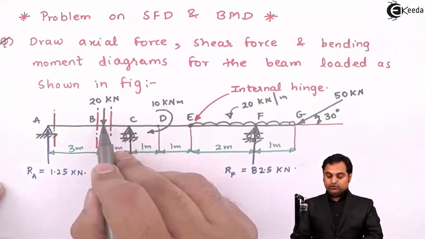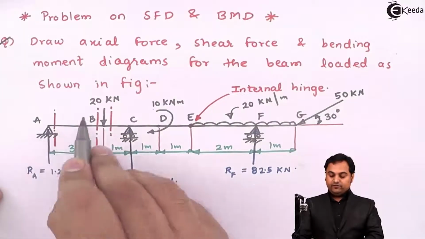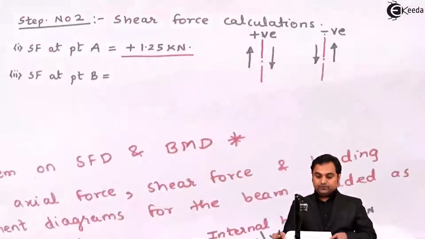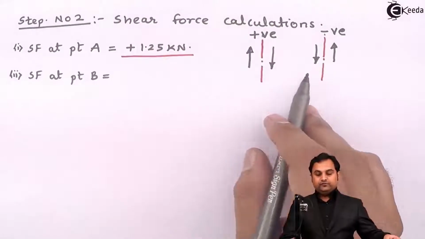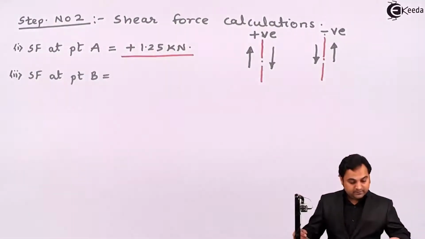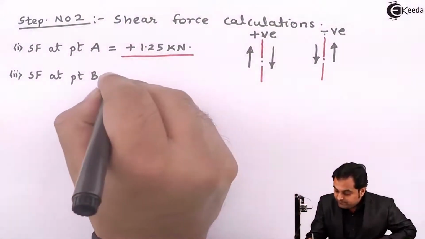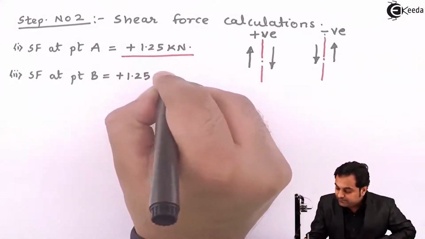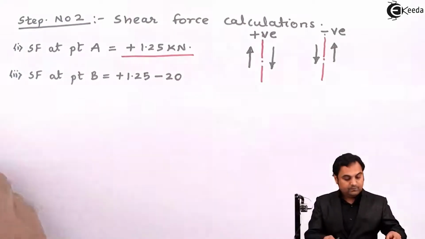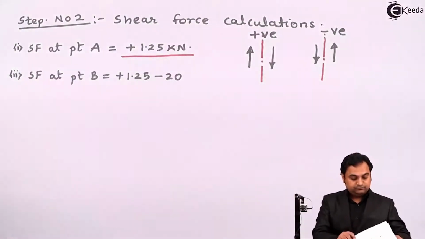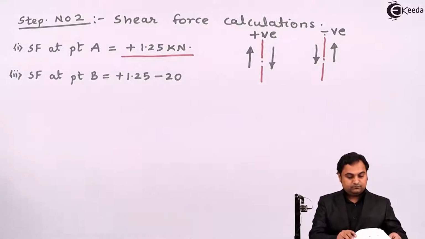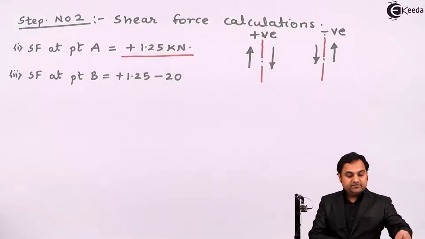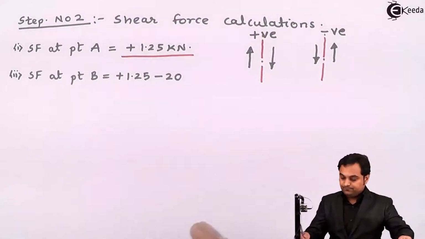Here we have 1.25 upward and 20 downward. So on the left hand side, upward force is positive, downward force is negative. So that is plus 1.25 minus 20 and that gives me an answer as minus 18.75 kilonewton.